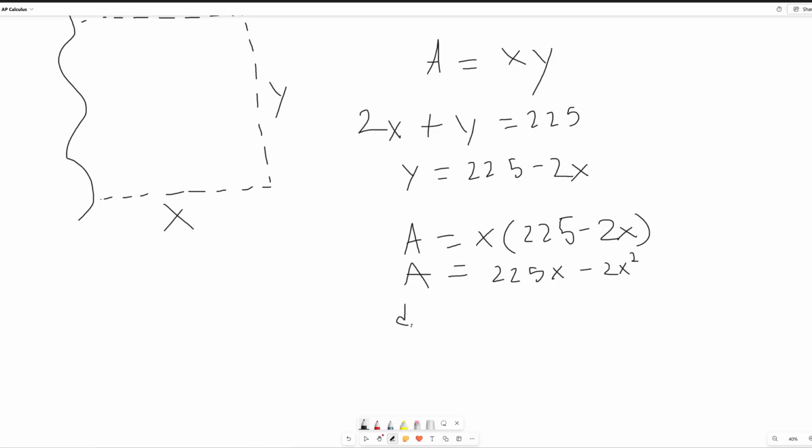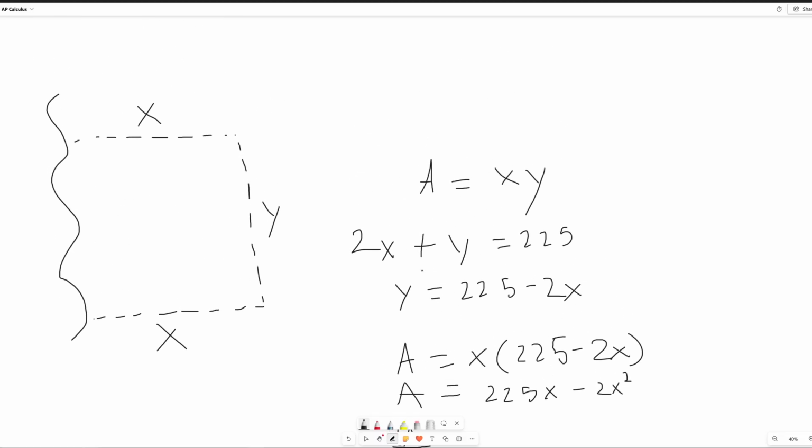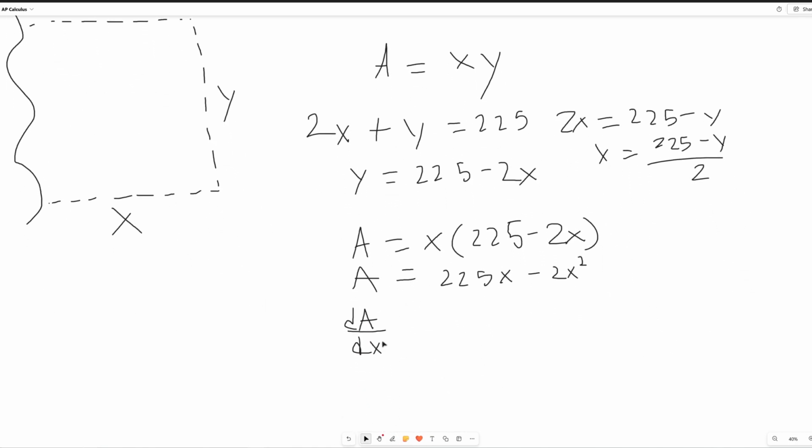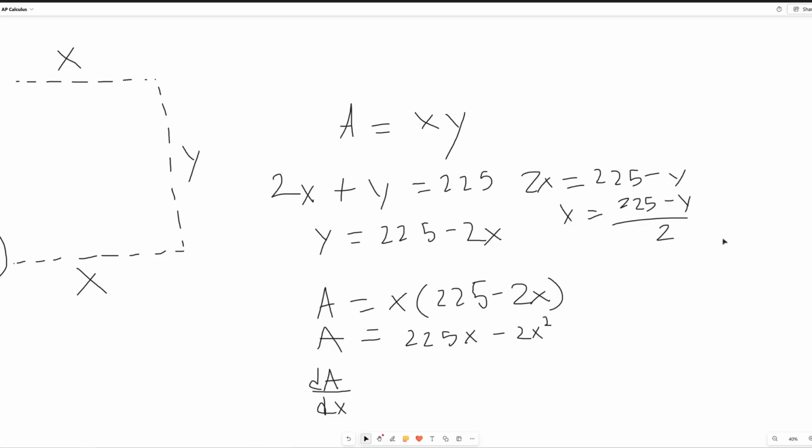And then take the derivative with respect to x. Now, if you wanted, you could do 2x equals 225 minus y, and then x equals 225 minus y over 2. And then you could take the derivative with respect to y if you wanted to.